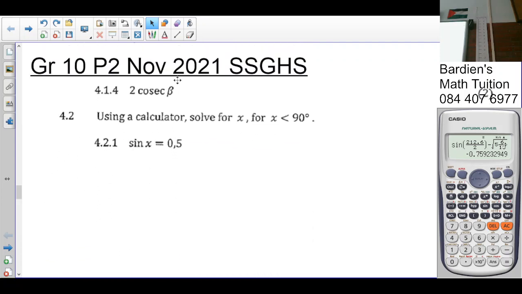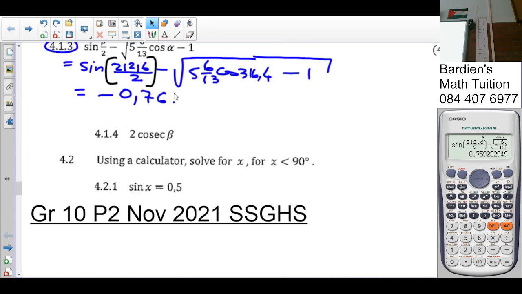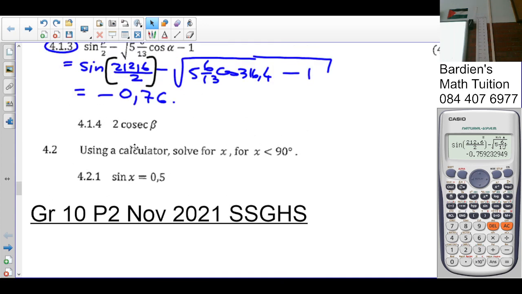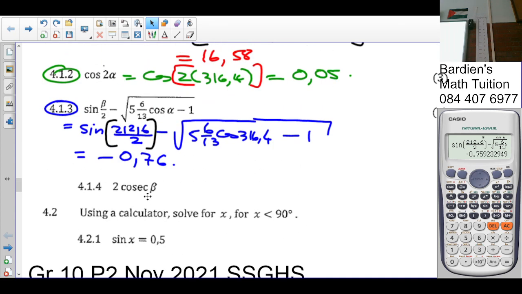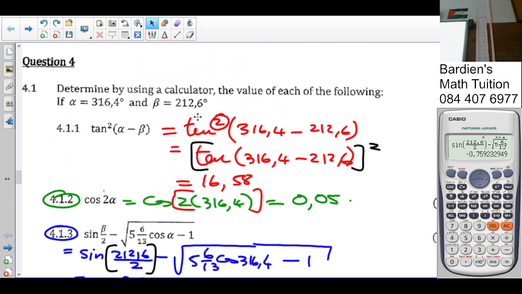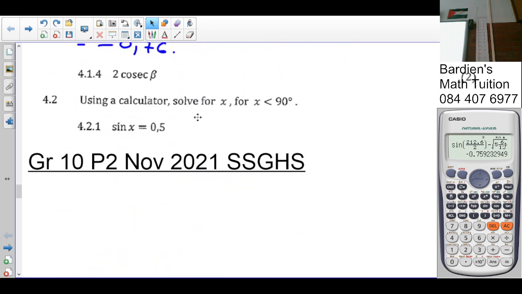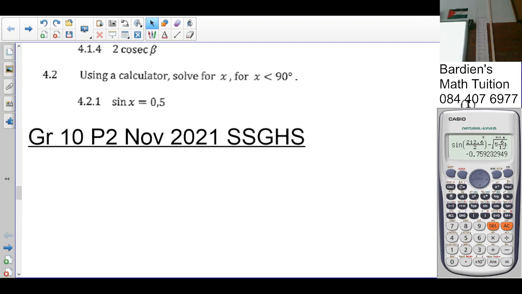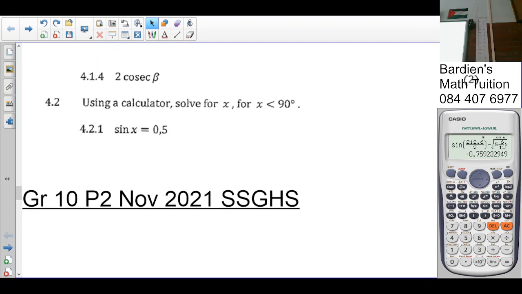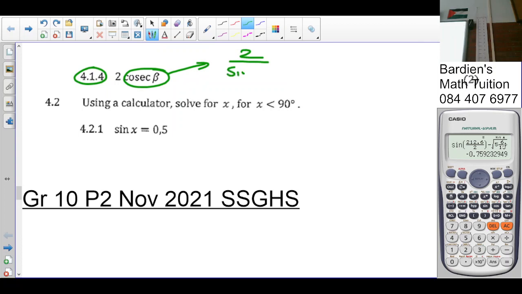Cosec beta, but we say that beta is 212.6. So cosec is what? 1 over sine. So it's 1 over sine 212.6.